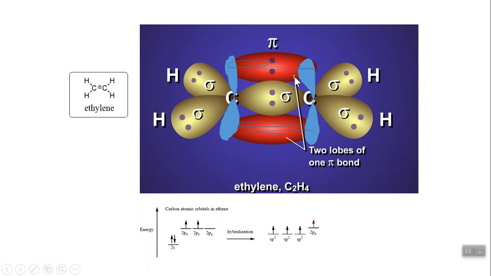It's a little bit longer, but it's obviously a very important bond. One thing to notice is that these red things represent 2 lobes of a single pi bond. This is not 2 pi bonds. This is just 1 pi bond.